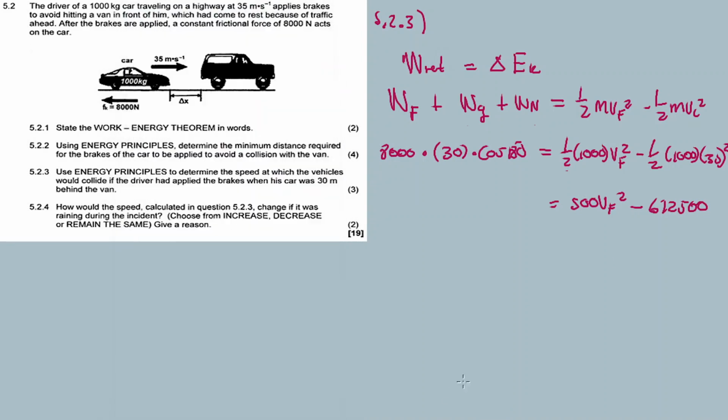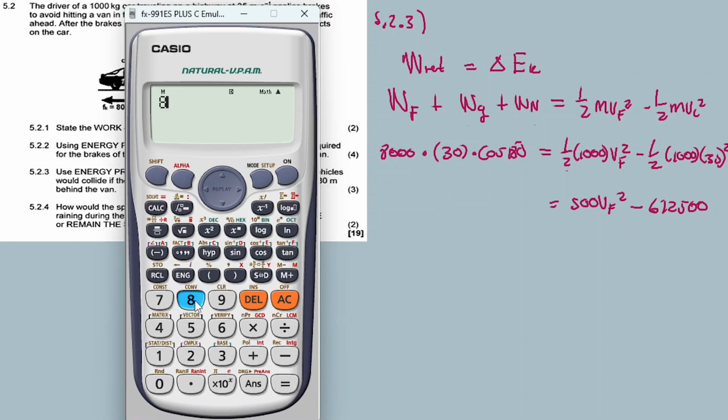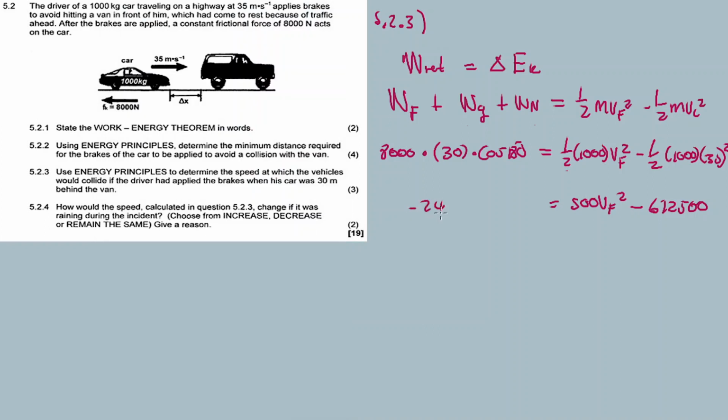Is it okay? So on the left side we have minus 240,000. Transposing, minus 240,000 plus 612,500 is equal to 500 v final squared.